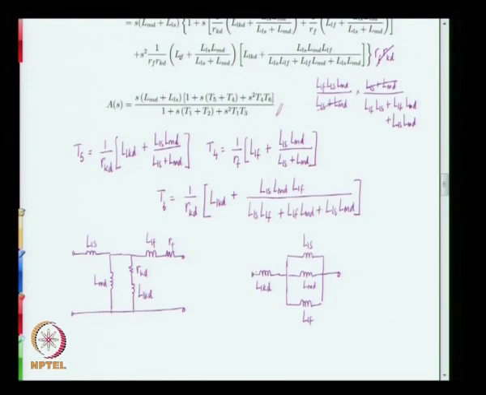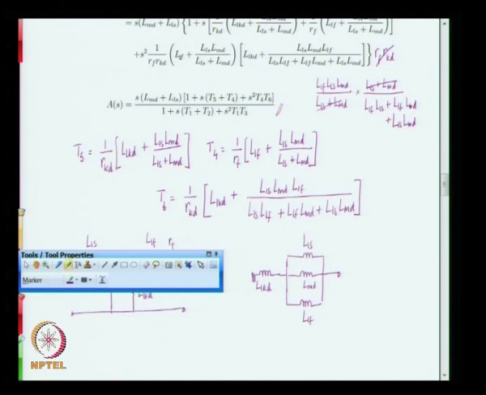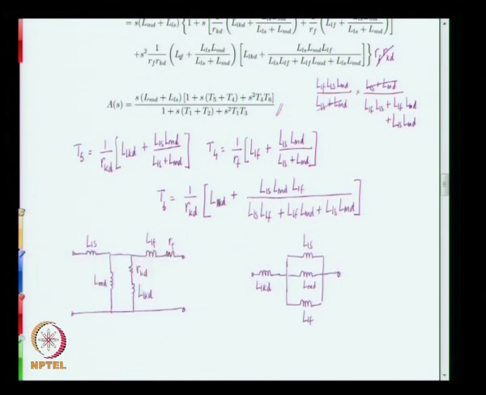So the total inductance across these two terminals is nothing but LLKD plus all this term. One can derive this very easily, so I will leave this for you to derive from this combination.